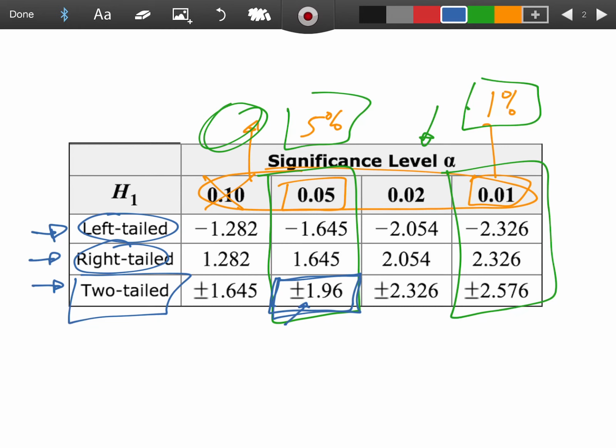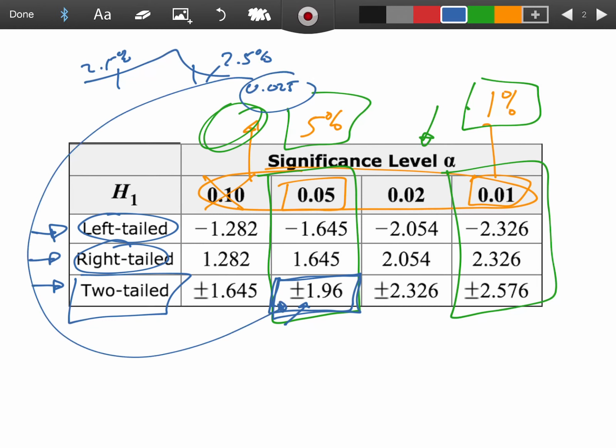I could go and look everything up on the chart and set up the distribution and say, if I have 5%, then I have 2.5% here and 2.5% here, which matches a proportion of 0.025, and then go to the table and find the z-score that fits that, and lo and behold, the z-score that fits that is this number. But because 5% is basically an industry standard, we just know that the critical value for an alpha level of 0.05 is plus or minus 1.96.